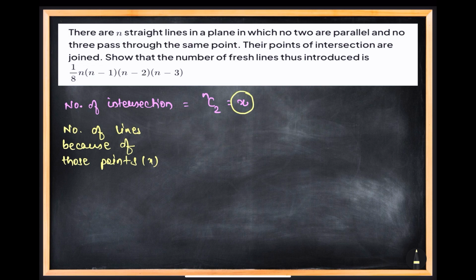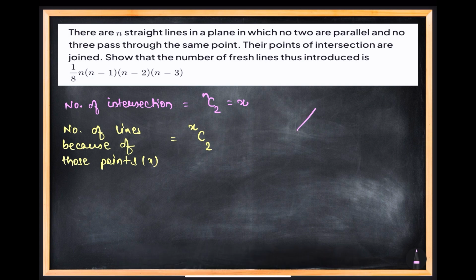We got this many points. Now those points are connected, so we will have xC2, correct? So this many lines we got. Try to understand this part.